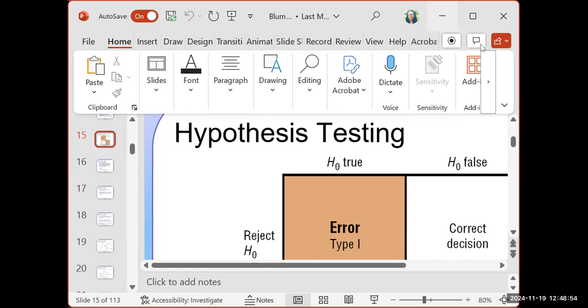So I will go back, and then I will stop sharing my screen so I can share my calculator. All right, so let me share my calculator this time. I'm going to share my screen again in such a way that I'm going to share my calculator. That way, everybody will see.